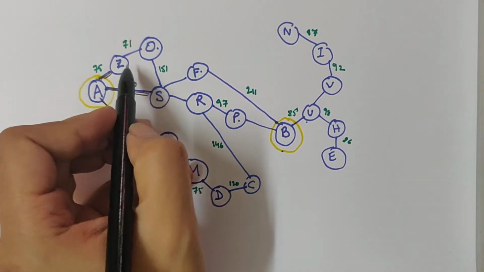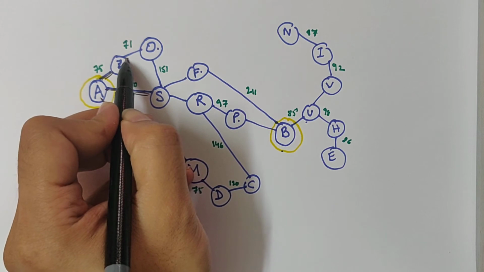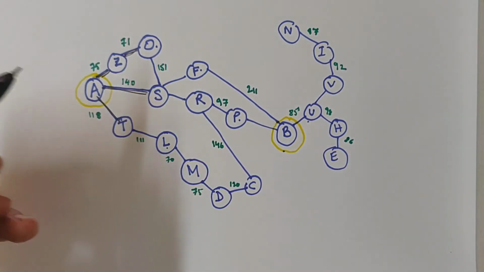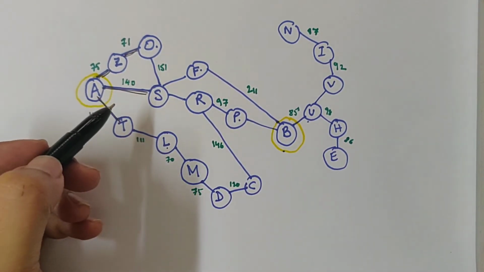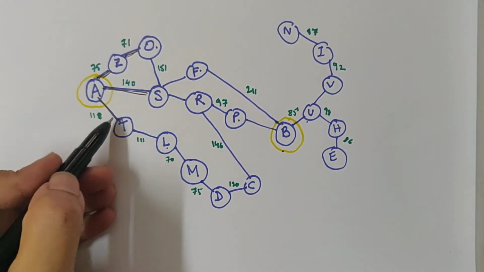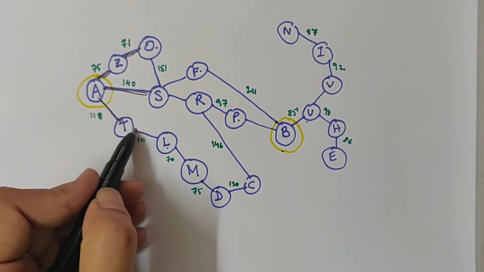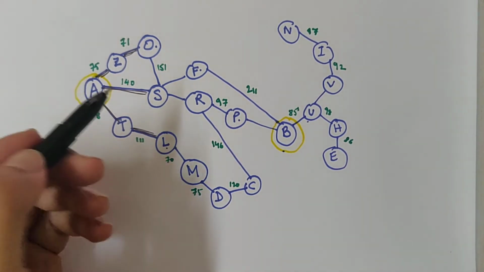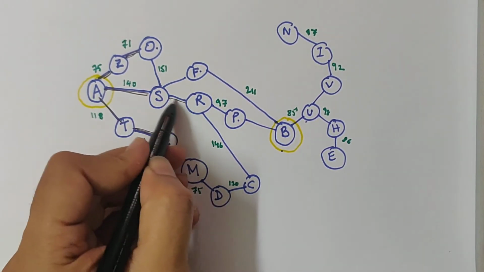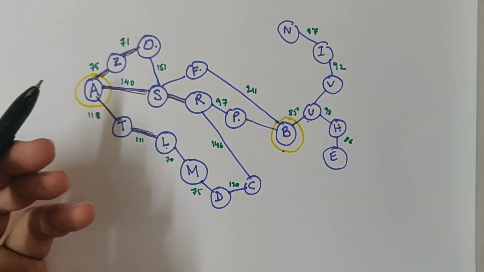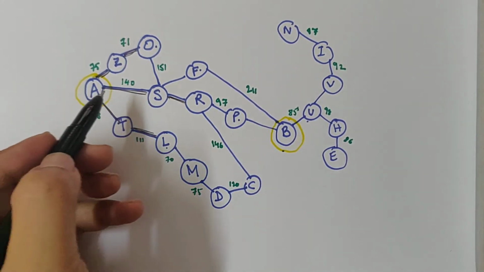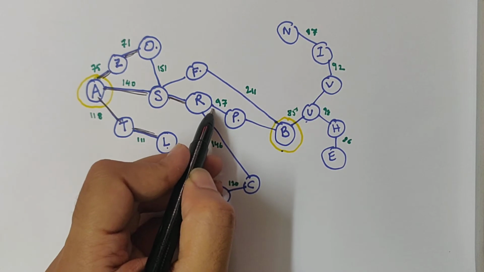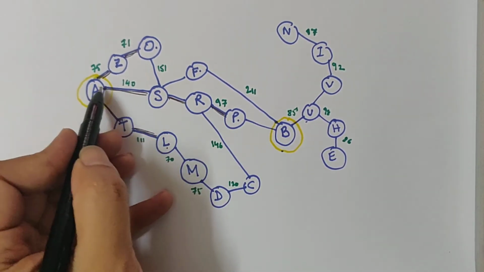I can add a path of length 2 from here. From here I can add a path of length 2 again. From here I can add a path of length 2. From here I can add a path of length 3.